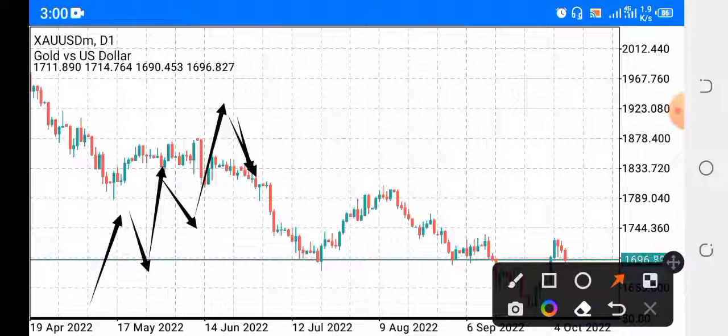Now coming to a point, it did a higher high, and if a market does 1, 2, 3, 4, 5 spots of support and resistance on a trend, it's likely to change. It will not continue forever, it will change. So coming to a point, the price comes to break this previous low here, after a higher high.